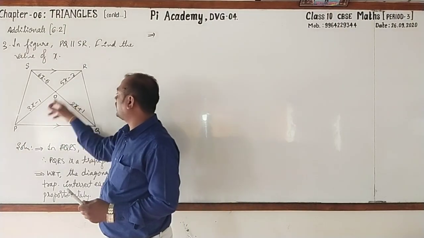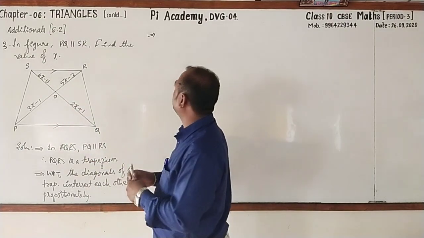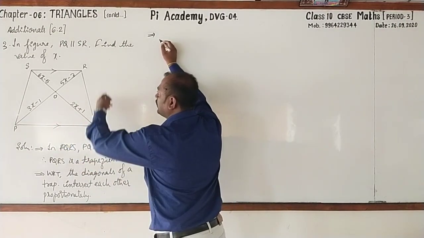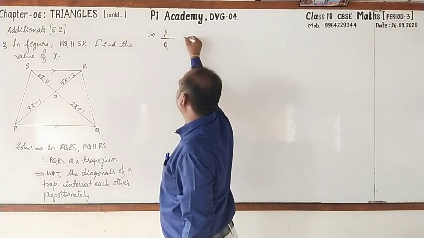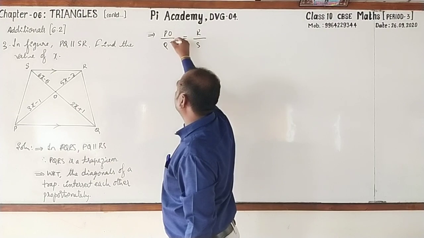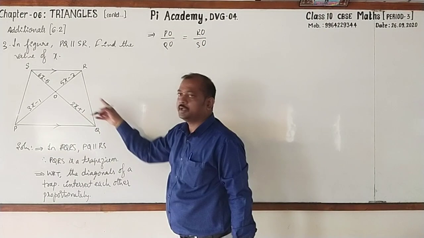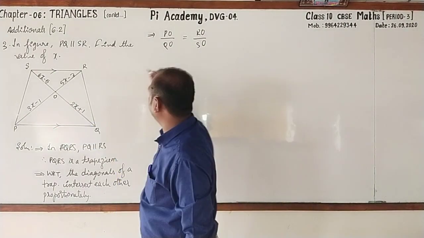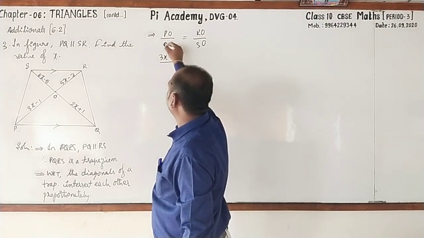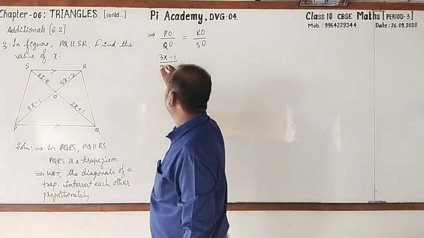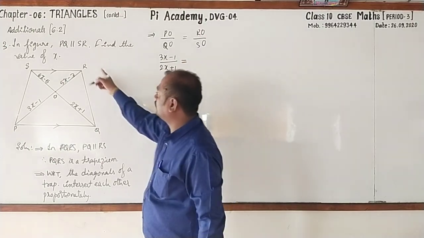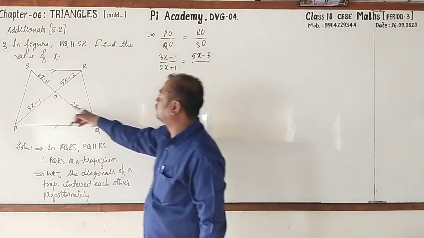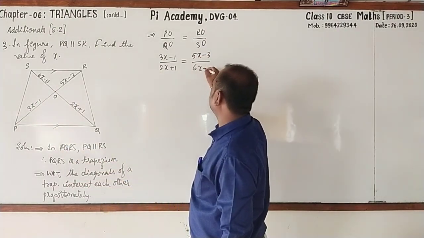Or else PO by RO equal to QO by SO. However you want, but let us go for taking in order. It will be easier. See the PQRS. P by Q equal to R by S. Just write O. Followed? PO by QO equal to RO by SO. Substitute. What is PO? PO is 3x minus 1. Then QO, it is 2x plus 1, is equal to RO. This is 5x minus 3. Then SO, it is 6x minus 5.